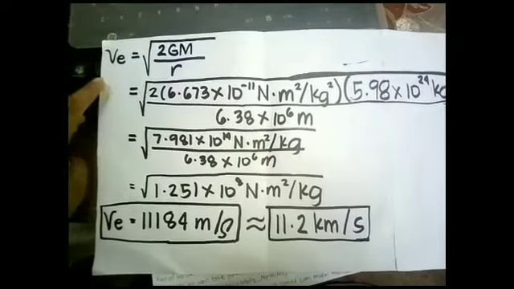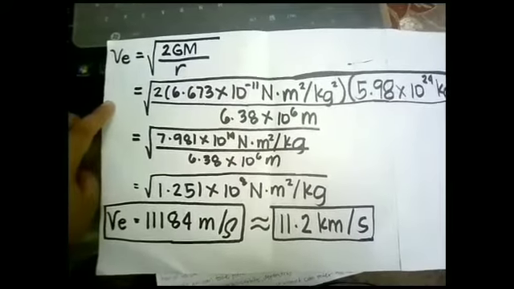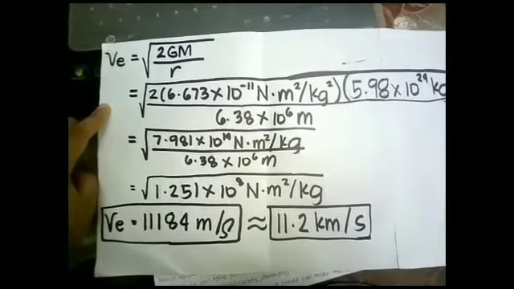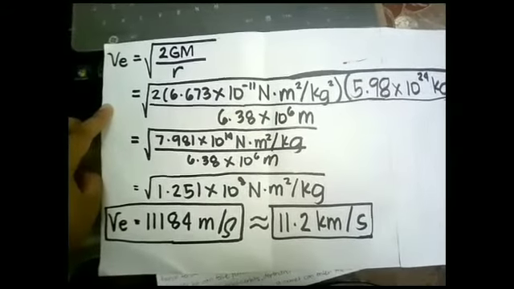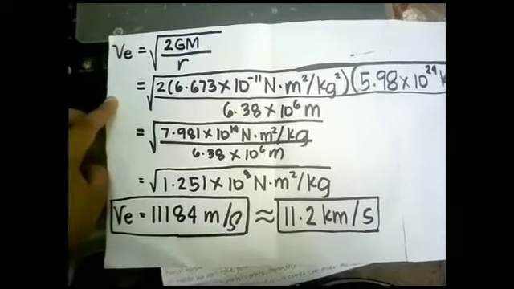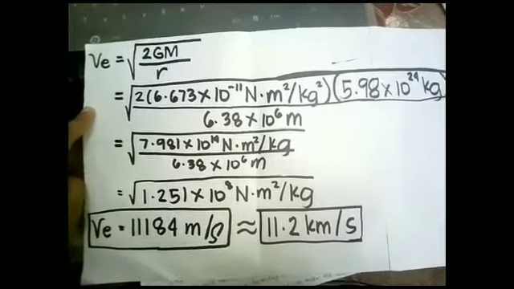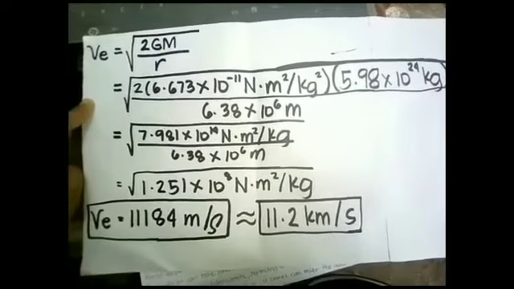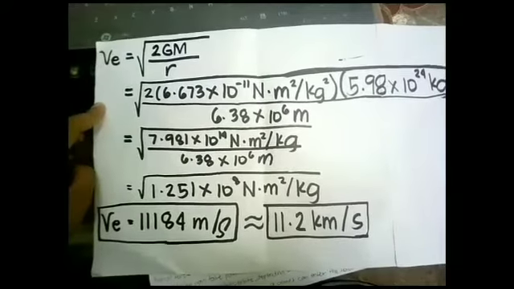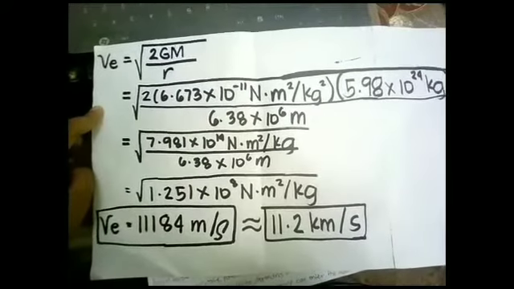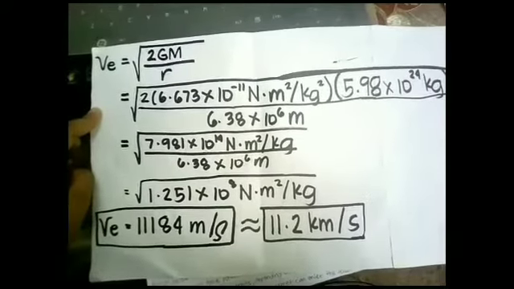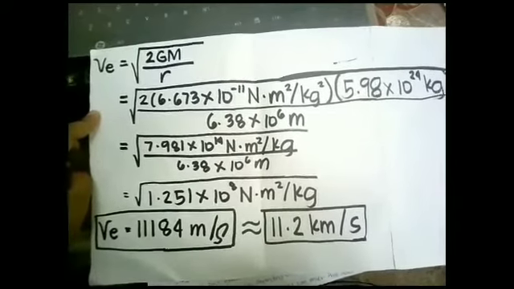So, the solution is escape velocity is equal to the square root of 2 times the gravitational constant, which is 6.673 times 10 to the power of negative 11 newton meter squared over kilogram squared, times the mass of the Earth, which is 5.98 times 10 to the power of 24 kilograms, over the radius of the Earth, which is 6.38 times 10 to the power of 6 meters.